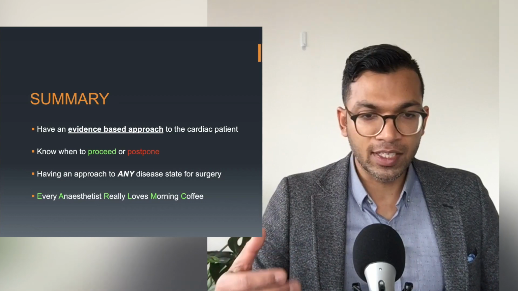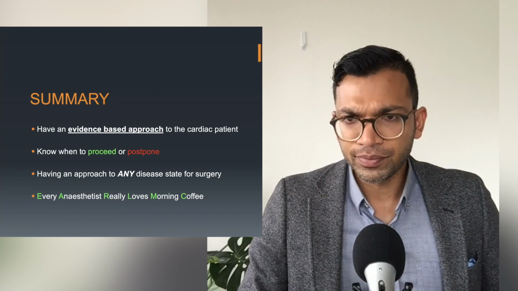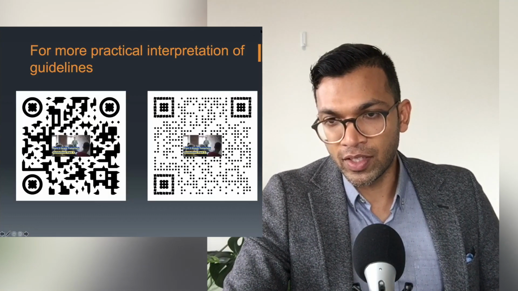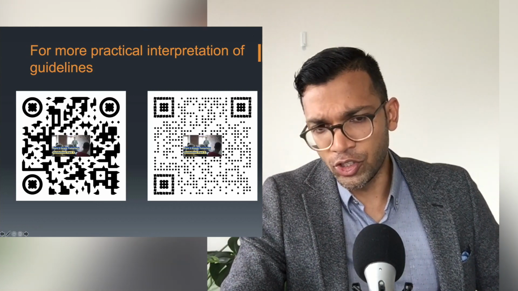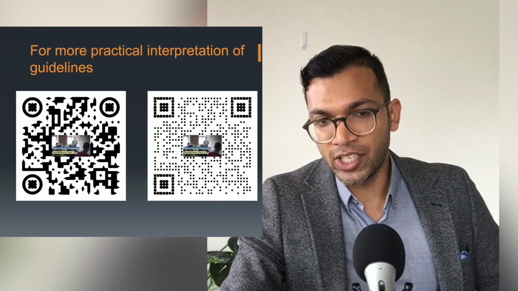So really, every anaesthetist really loves morning coffee is something I can think about a lot for this. I've got a couple of lectures I gave for my part 2 for the specialist exam. Those are the links there, and they're just on the YouTube channel. Part 2 exam tutorials for guidelines. Part 1 is literally the ACC AHA guideline.